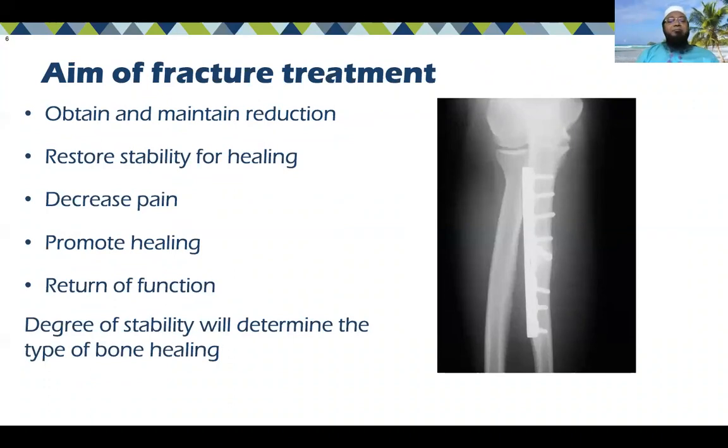Thus the aim of fracture treatment is to obtain and maintain the reduction, restore the stability for healing, decrease symptoms like pain, promote healing, and finally return to normal function. And the degree of stability will determine the type of bone healing.